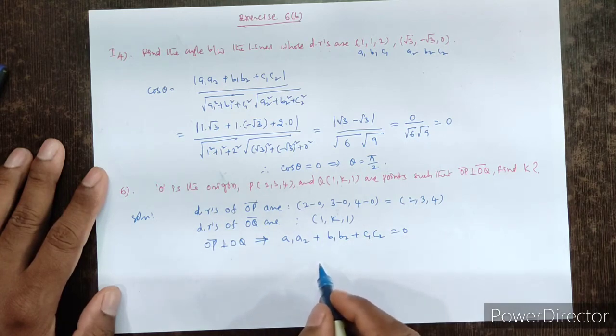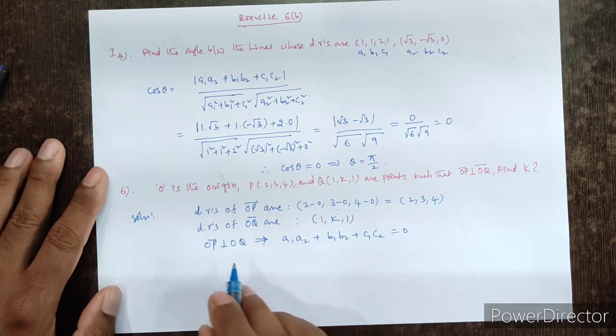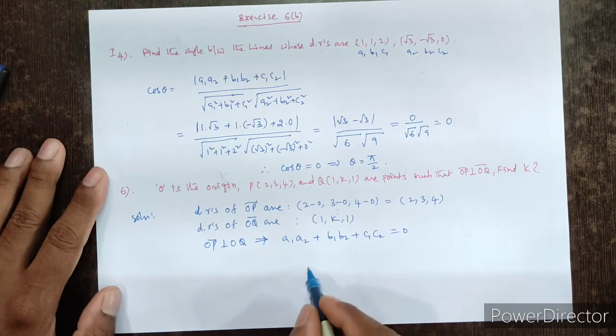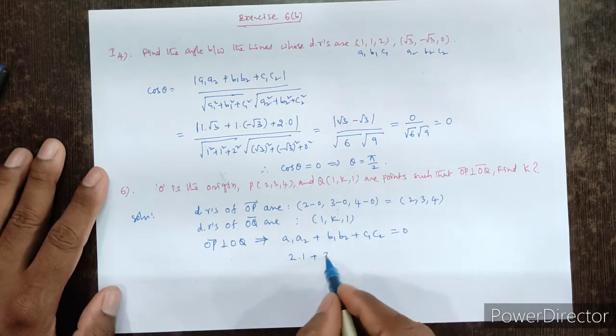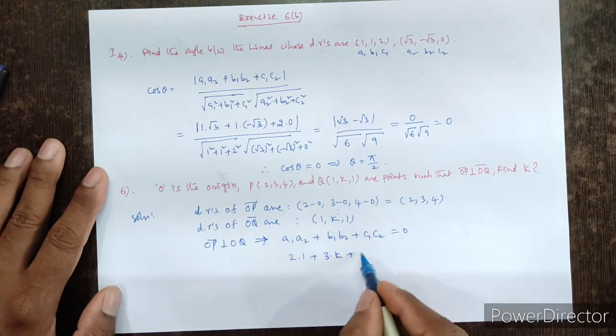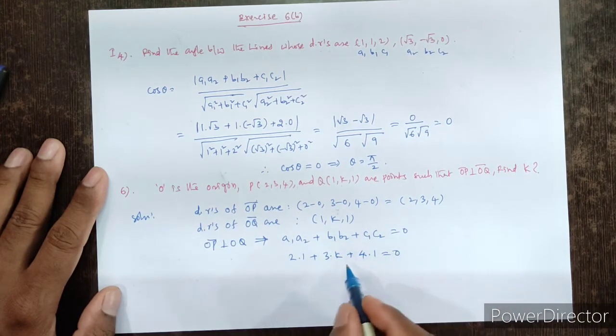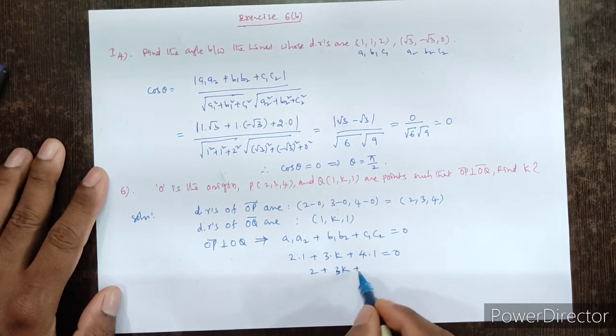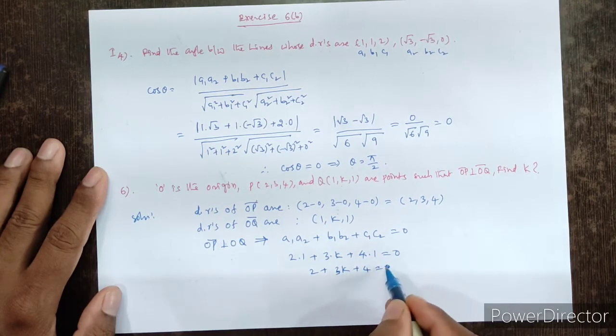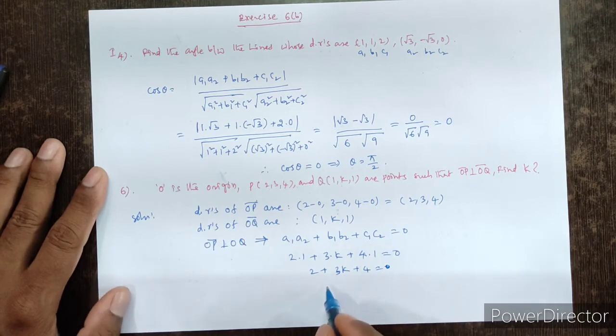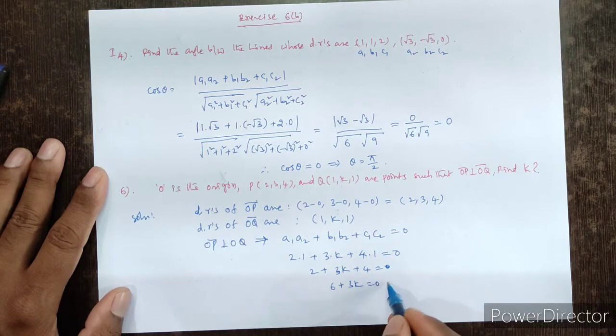This condition should be satisfied when they are perpendicular. So 2 into 1 plus 3 into K plus 4 into 1 equals 0. So 2 plus 3K plus 4 equals 0, so 6 plus 3K equals 0.